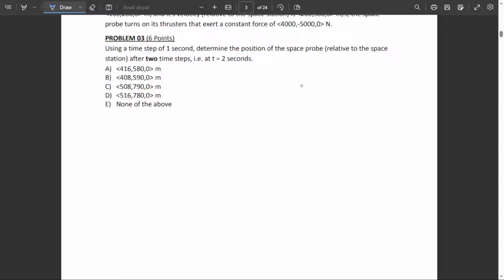We can avoid doing multiple steps again because the force is constant. Since the force is constant, the velocity is linear, which means if we use the average velocity of the entire 2-second window we're looking at, we can use that to find the final position of our probe.